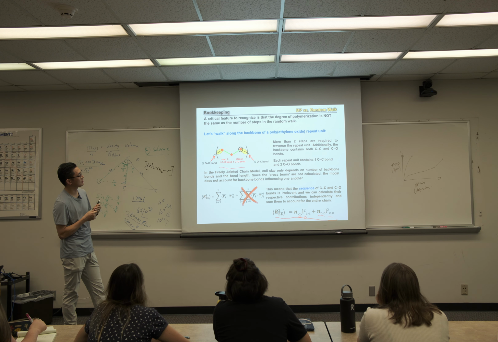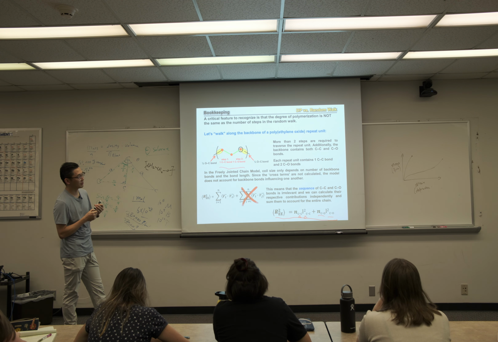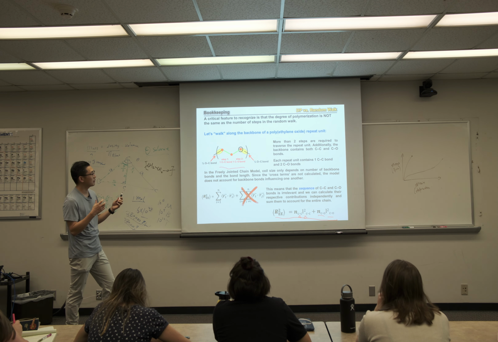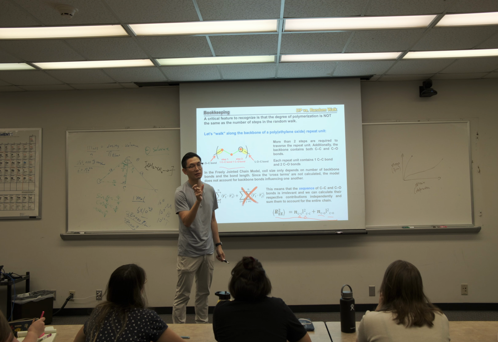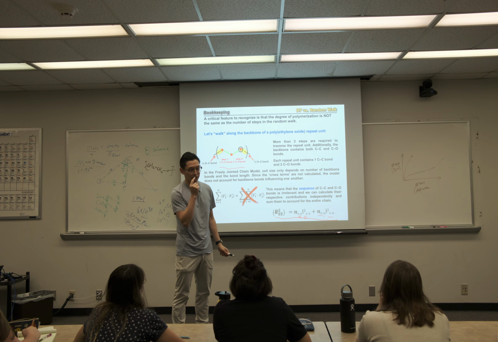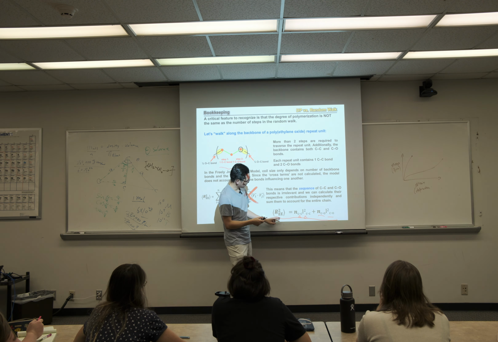So in this case, you can again calculate the end-to-end distance, but it's a little bit complex because the carbon-carbon bond now has a different length than the carbon-oxygen bond. So you do need to apply a slightly modified end-to-end distance.